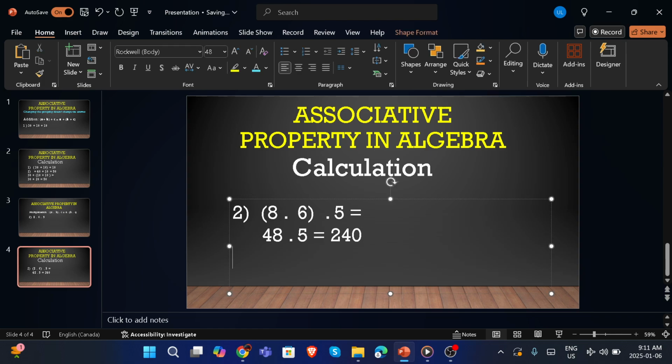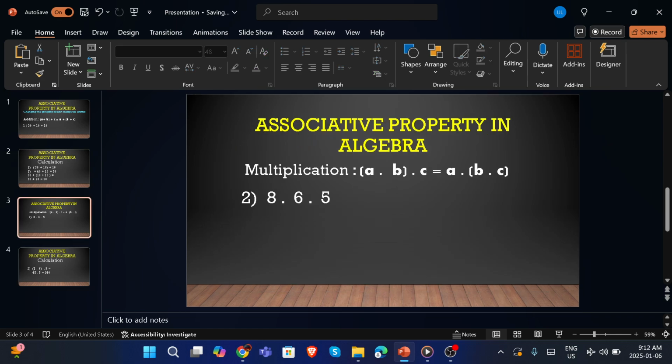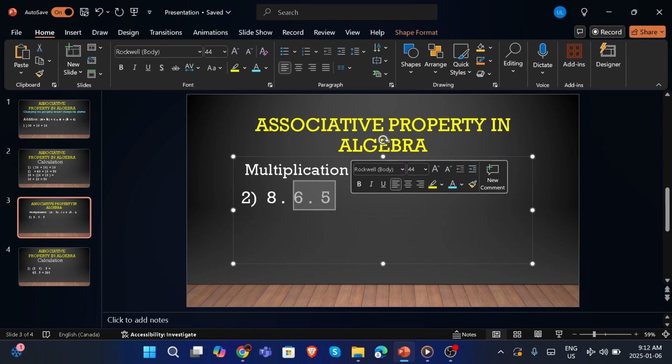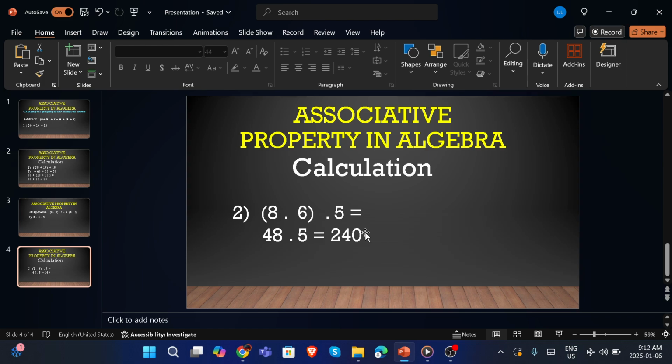Now let's try our second method. This is equal to a times b times c. This basically means we're going to multiply the last two numbers together first, and then multiply that with 8. So what I mean by that is 8 times 6 times 5.